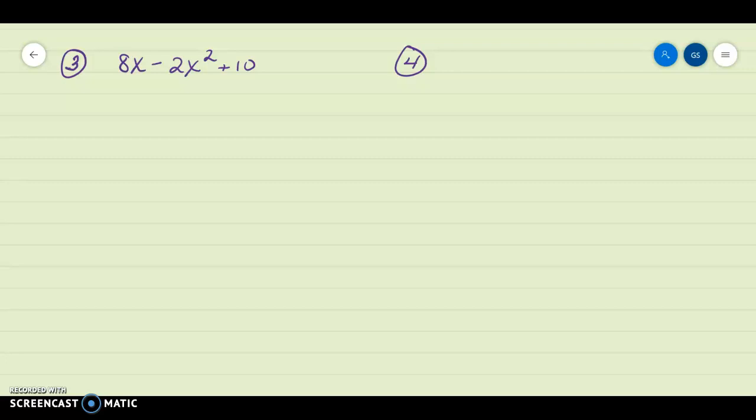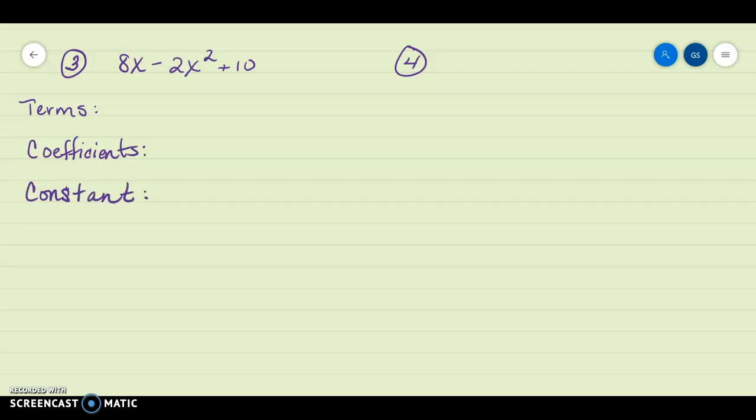You're going to find the number of terms and list the terms. You're going to find the coefficients, and you are going to name the constant.